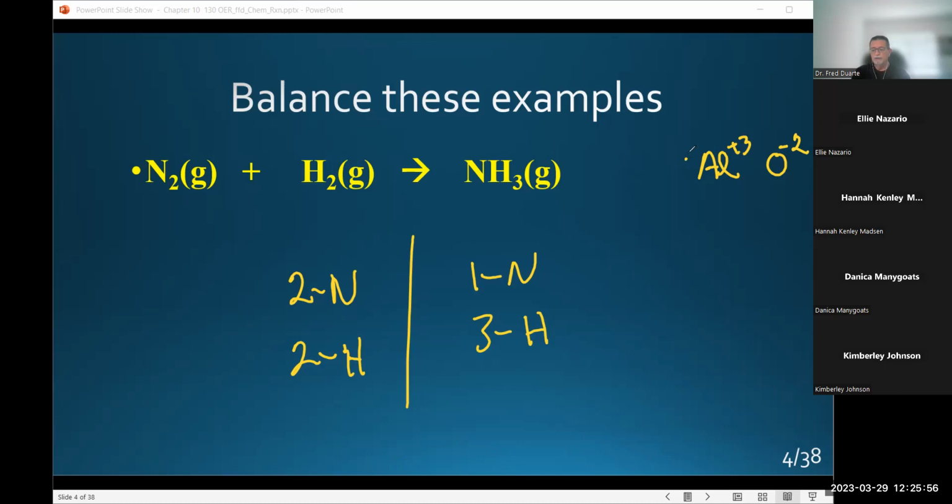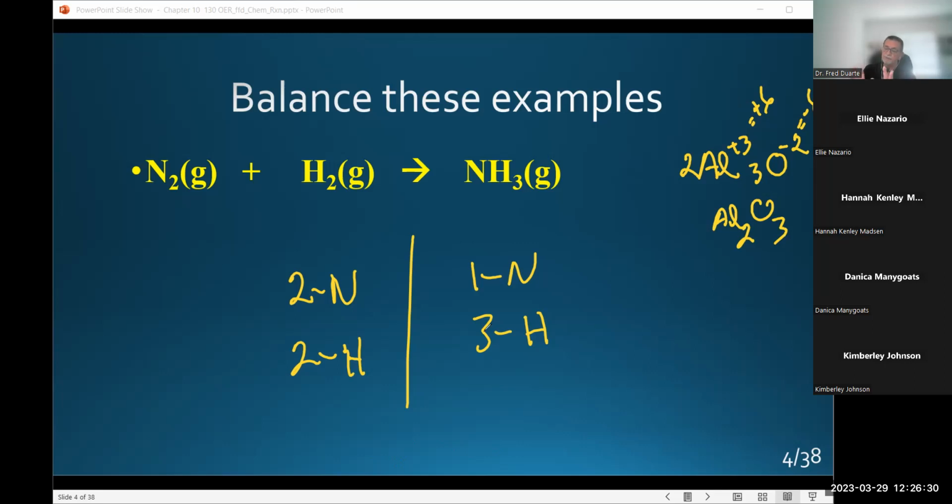So they ended up with having to have 2 aluminums to give us a total of +6, and we needed 3 oxides to give us a total of -6. So our formula came out to be aluminum subscript 2, oxide subscript 3. Okay, but the point of all that was that we looked for a common number.